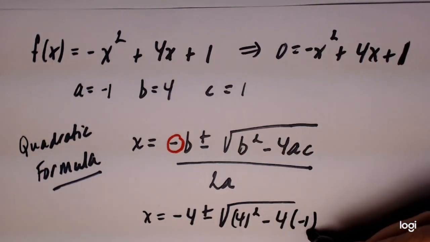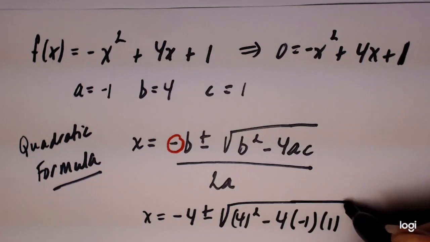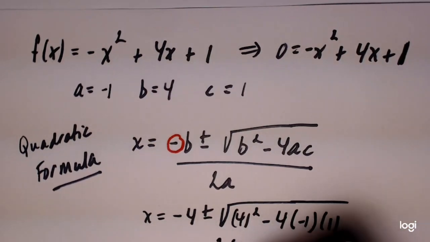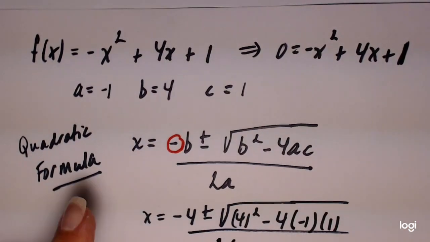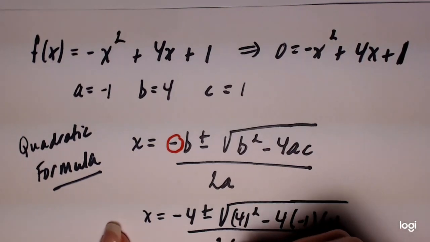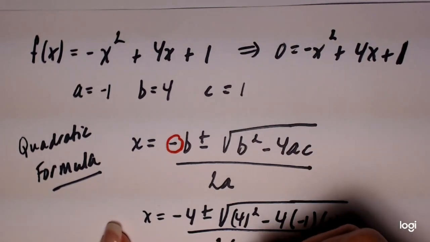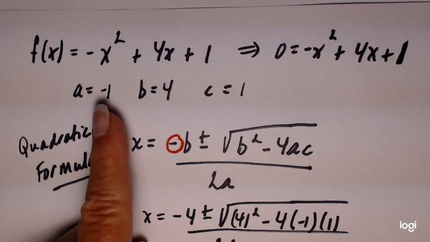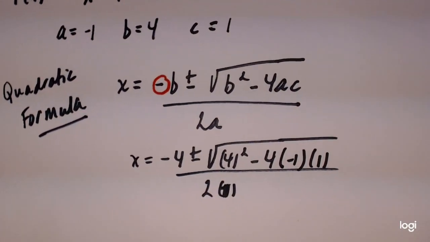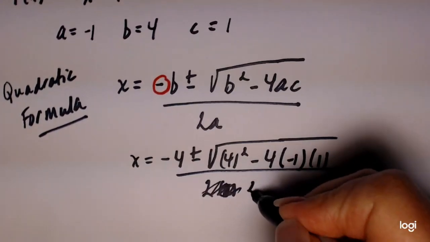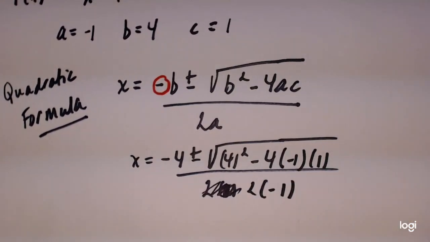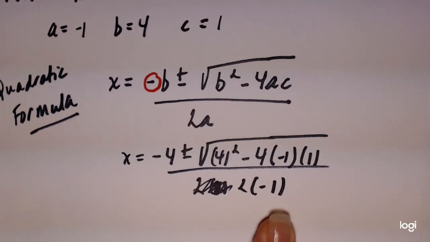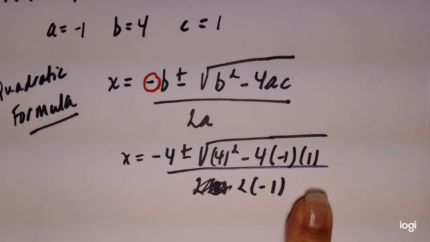A is negative 1 and C is 1, all over 2 times negative 1, because our A is negative 1. There's our A there, negative 1. So that's doing the substitutions.